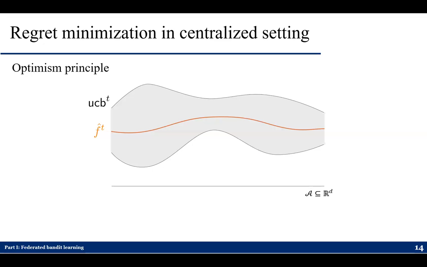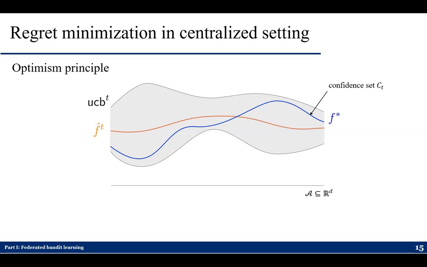To minimize regret, we need to construct confidence sets that contain the unknown reward with high probability. The blue curve represents the true preference of the user, which we don't know, and the orange line is what we learn from the data. We need to construct this set, denoted by these two gray curves, such that the blue line is covered.